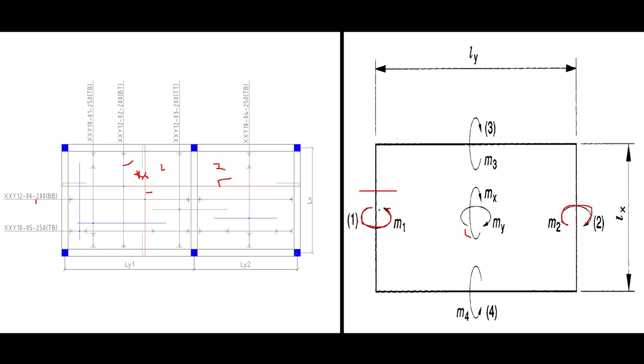So you need another reinforcement that is going to counterbalance, that is going to distribute this reinforcement. This reinforcement that is distributing this reinforcement is what we call the distribution reinforcement. For M1, this blue reinforcement is going to distribute this reinforcement at the top. It's going to distribute this one, this one, and also this one.